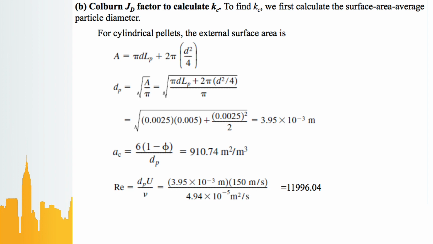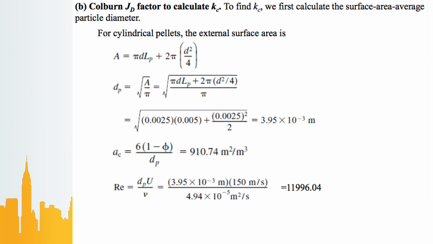Before we can use equations 11-68 and 11-69 to determine the JD, since the shape of the catalyst again is not spherical, we need to calculate the A and the dP for the catalyst, right? dP can be calculated using the formula stated on page 785, under the JD Colburn factor, where dP equals the square root of AP over pi, right?